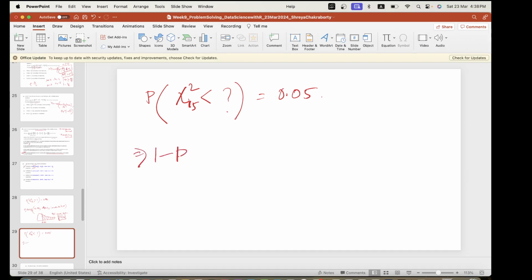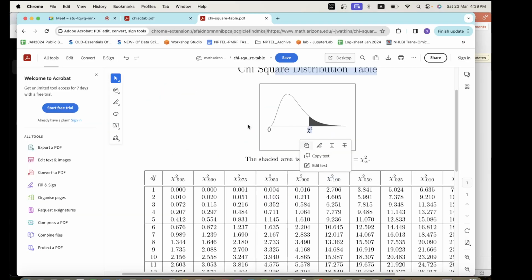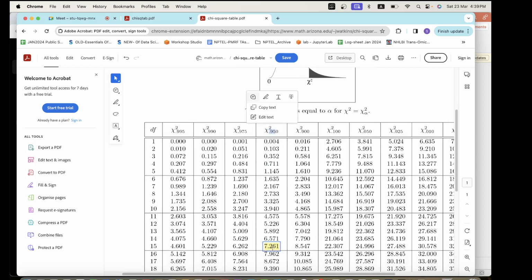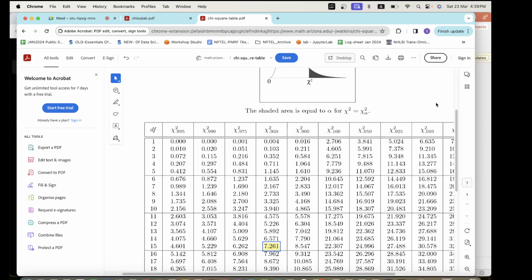We will just use 1 minus, chi-square 15 greater than which point equal to 0.05. So probability chi-square 15 greater than which point is 0.95. This point we will look in our table, and then the corresponding df, and whatever that value is, that would be our x. Is it okay?